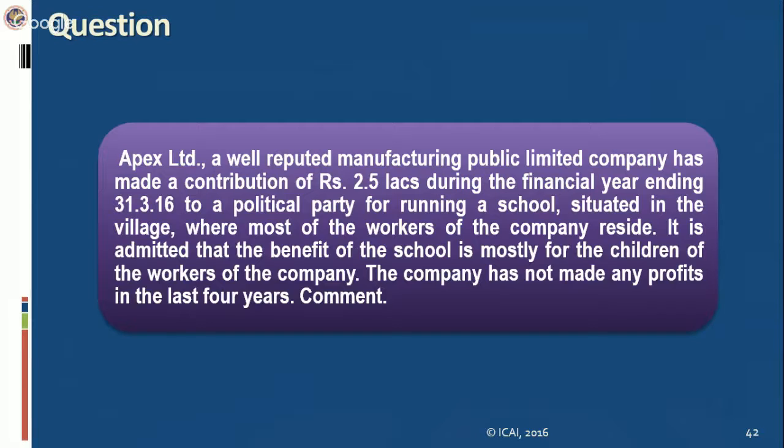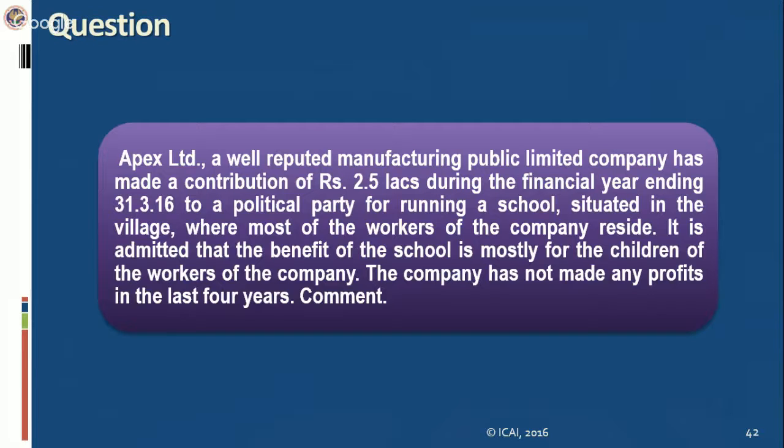Now, to whom has it contributed? It has contributed to a political party for running a school, which is situated in a village where most of the workers of the company reside. It is admitted that the benefit of the school is mostly for the children of the workers of the company. However, the company has not made any profit in the last 4 years. Now, comment.